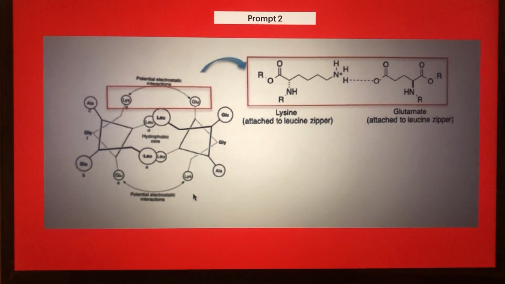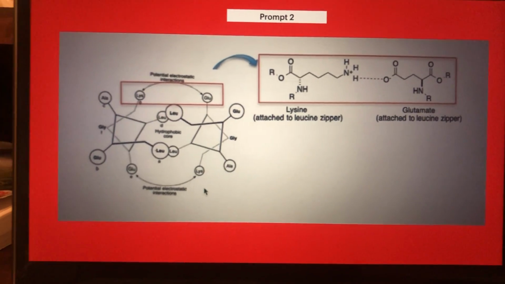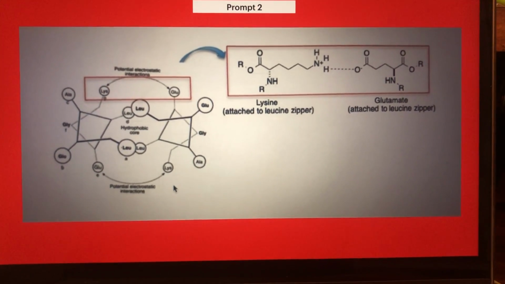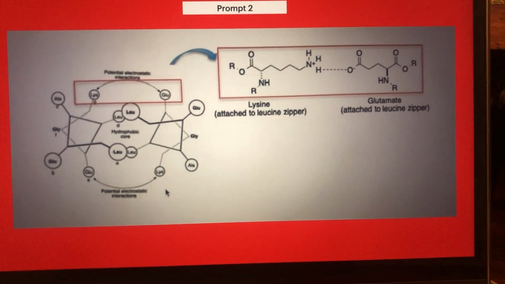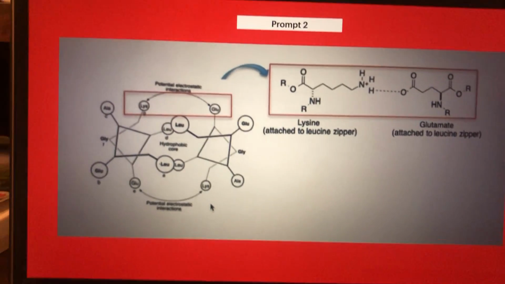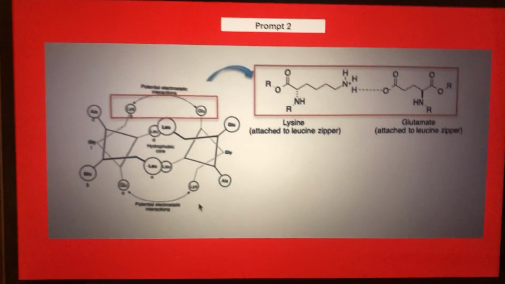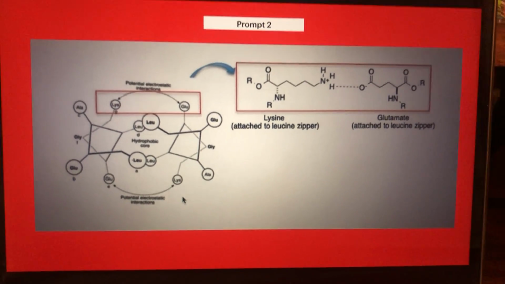So I would say aspartate and arginine are maybe a better pair to replace those two, but histidine could also be an option. So that's my answer to all those questions.